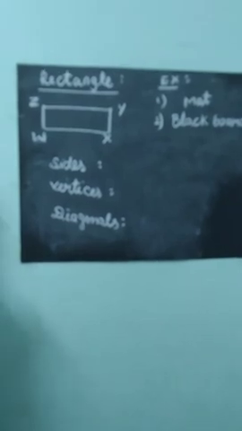Now the next shape is rectangle. This is a rectangle. Now in your book they are giving the names W, X, Y, Z. Now how many sides does a rectangle have? 1, 2, 3, 4.